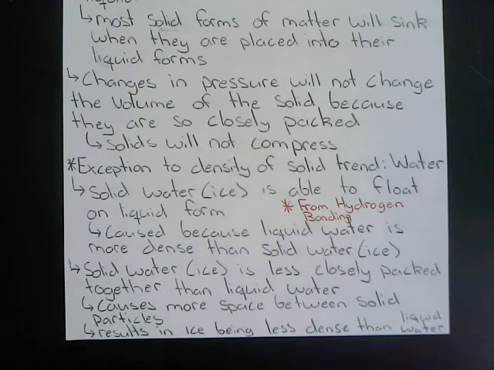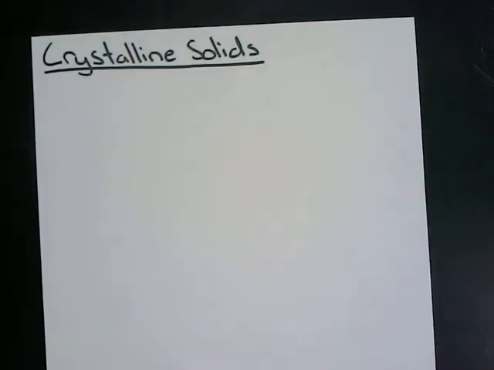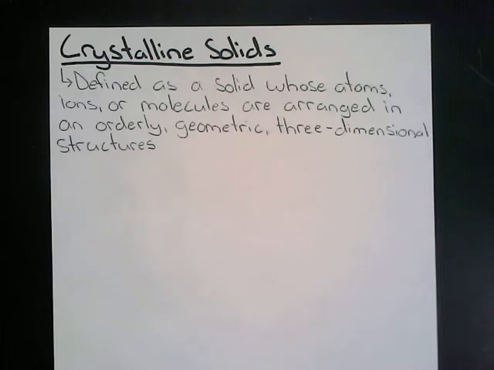Now, we can move on to our next topic of solids, and that is crystalline solids. Crystalline solids are defined as solids whose atoms, ions, or molecules are arranged in an orderly, geometric, three-dimensional structure. The crystals in crystalline solids are the individual pieces of these components.